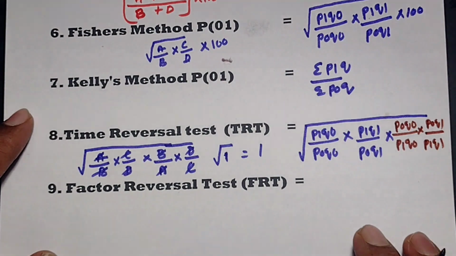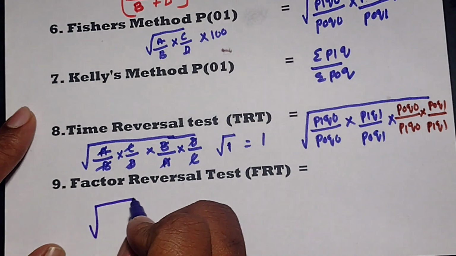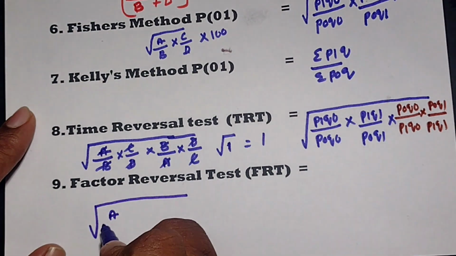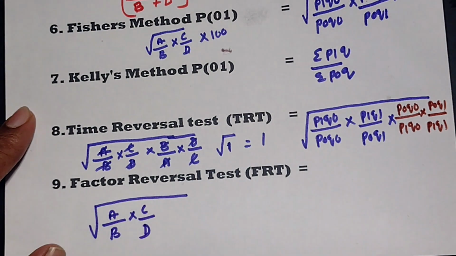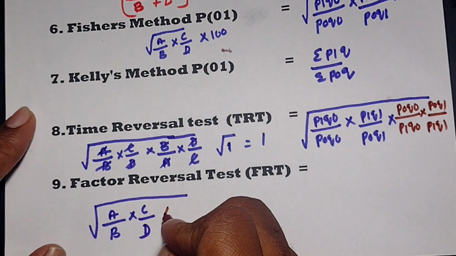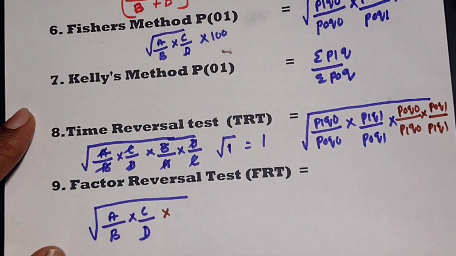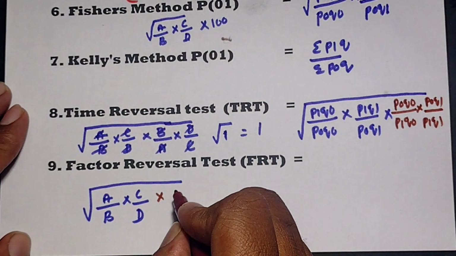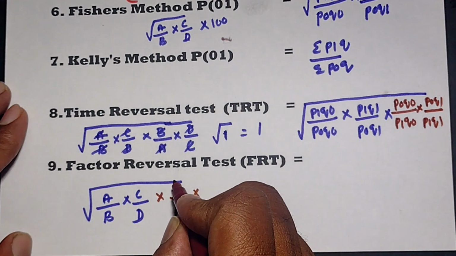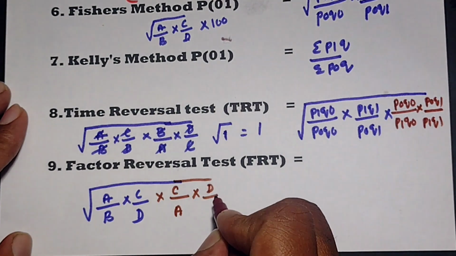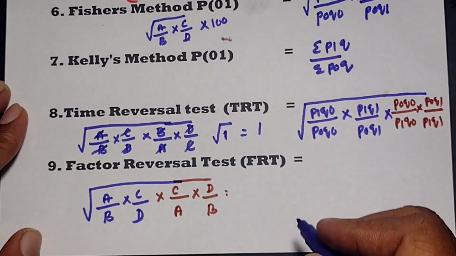And the last one is the factor reversal test. Here the trick of remembering the formula is A divided by B into C divided by D, into C divided by A and again multiplied by D divided by B. Now apply the same concept.